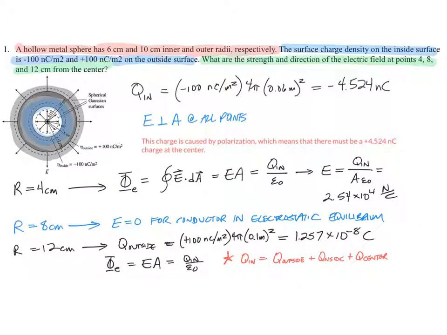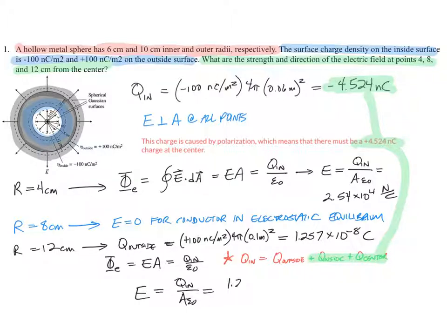And so hopefully you recognize that these two charges, the Q inside and the Q center, are going to wipe each other out. There's nothing there. So what we just computed ends up being, luckily for us, the answer for what Q enclosed, the part inside the Gaussian sphere, is.